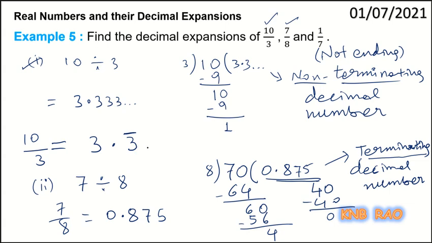Okay. So these two terminologies we will use when it comes to the conversion from the given decimal form to this P by Q form. Now let us go for one or two examples of converting decimal form into P by Q form.